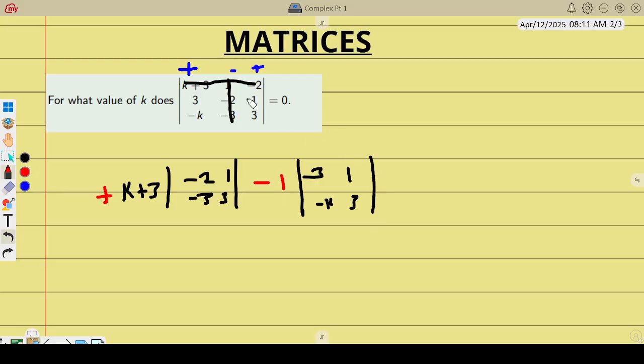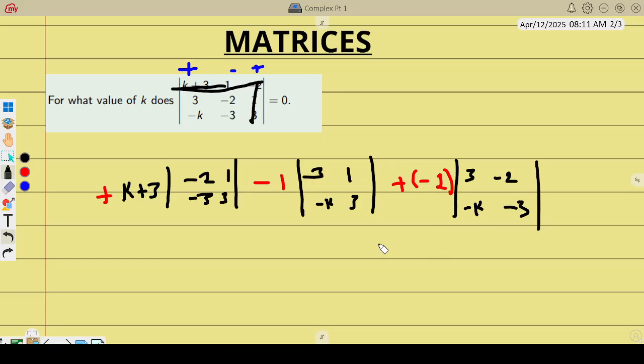We're going to say it's negative 2. It has to be plus, but the same 2 is having a negative in front of it. So when we hide the column for negative 2, we're going to remain with this 3, negative 2, negative k, negative 3.